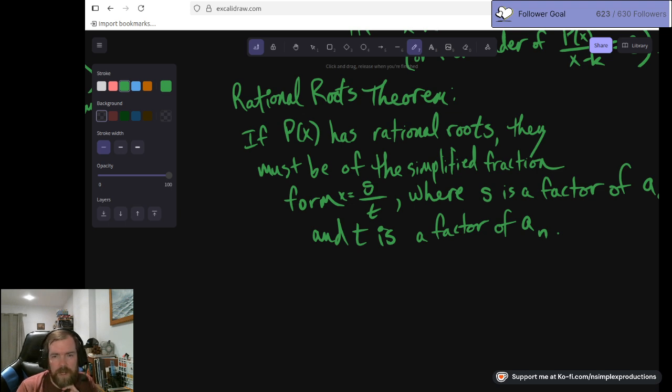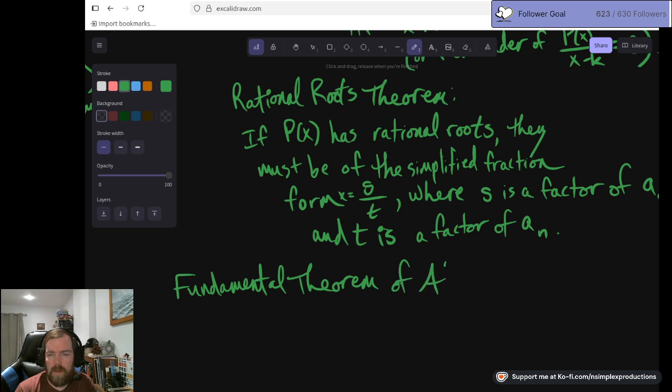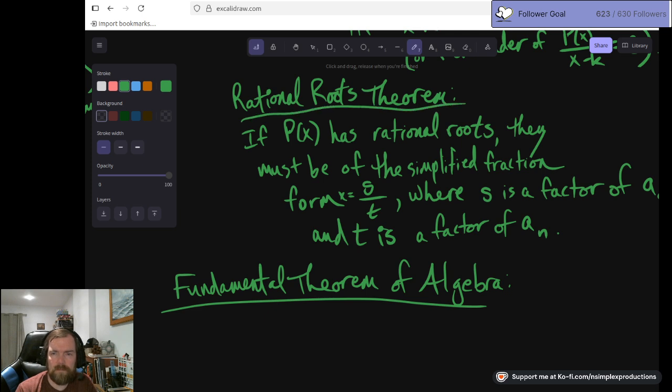So we get our rational roots theorem. We can also get our fundamental theorem of algebra. Which, very fundamental.